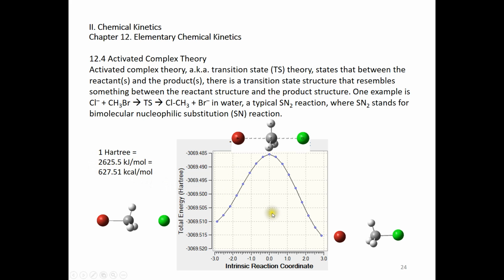So the energy barrier is not that small. And the horizontal axis is called the intrinsic reaction coordinate. It's just a description of the changes in the structure from the reactants to the transition state to the product.